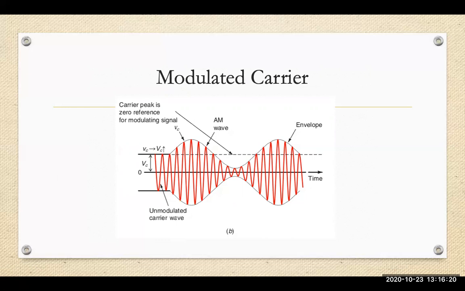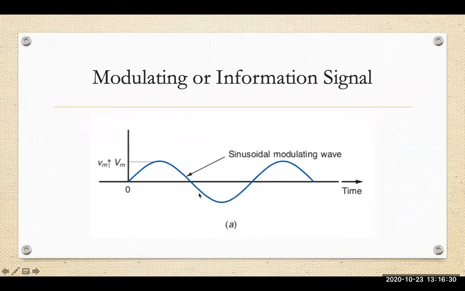So in this figure, as you can see, this shows a single frequency sine wave intelligence signal, other term natin, modulating a high frequency carrier. Tandaan na yung carrier mo is a high frequency.